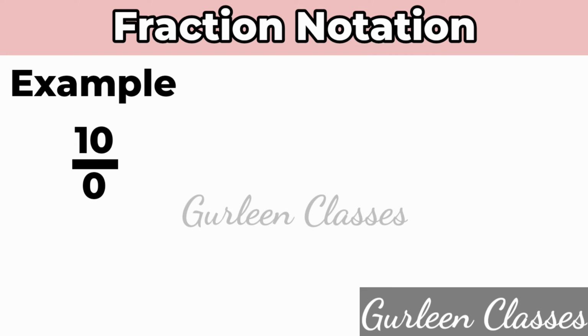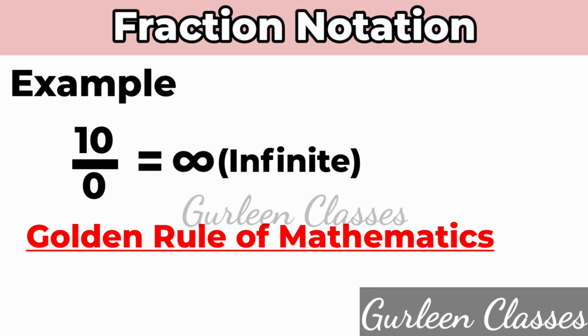Means we cannot divide any number by 0. This is a basic rule of maths. Example, 10 upon 0. Here the answer would be infinite. It is not defined. So this is one of the golden rules of mathematics.